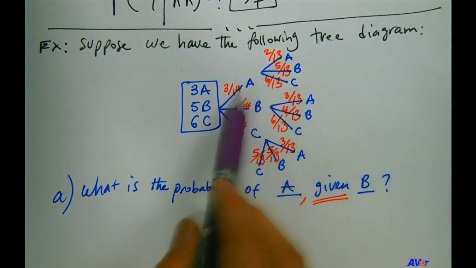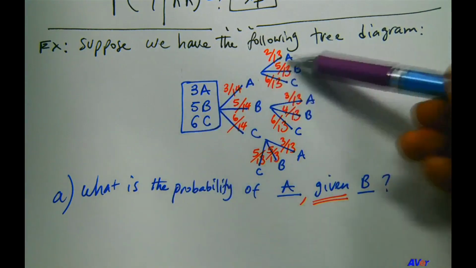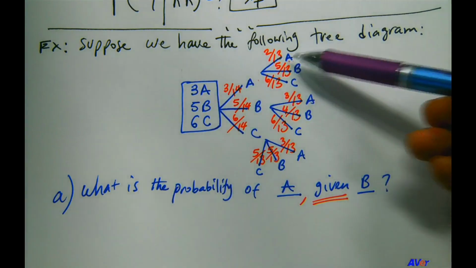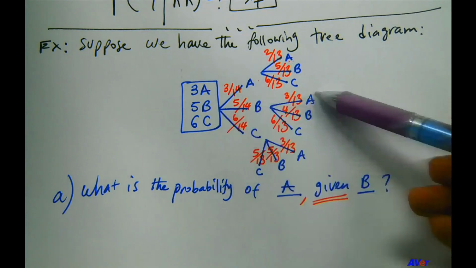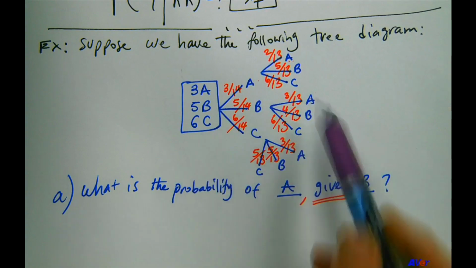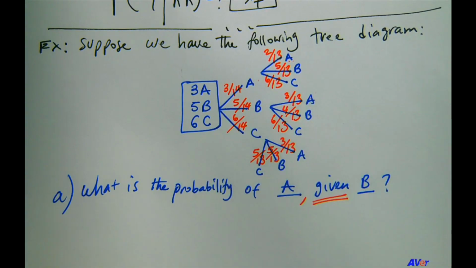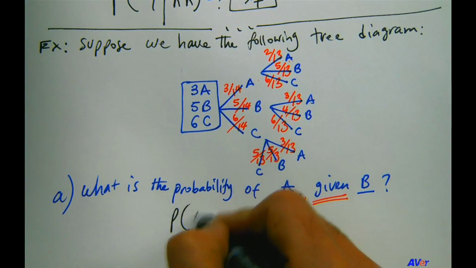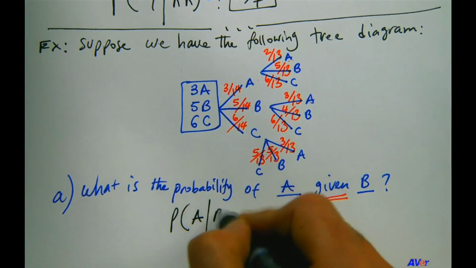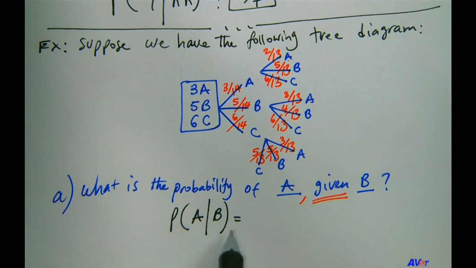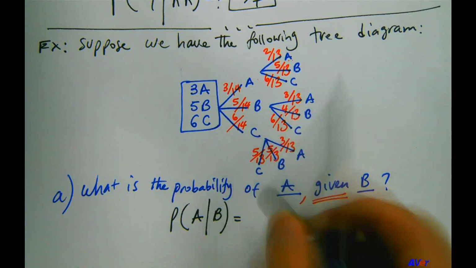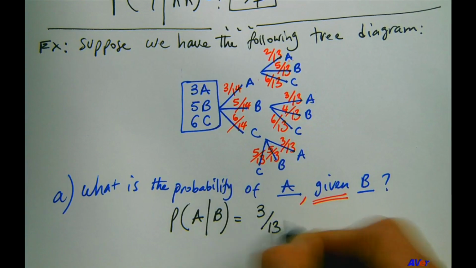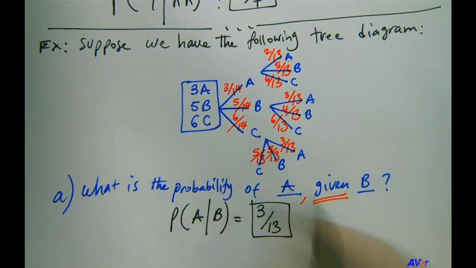That's not it, because here we have an A selected, then an A. We're looking for an A given B, so it's that one. So probability of A given B, that is that one, 3 out of 13.